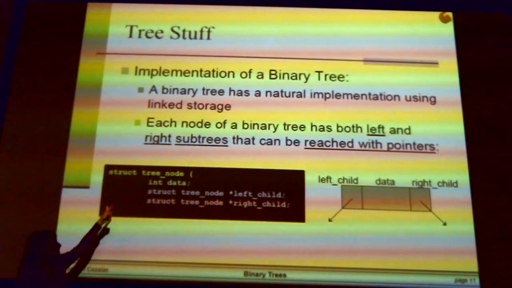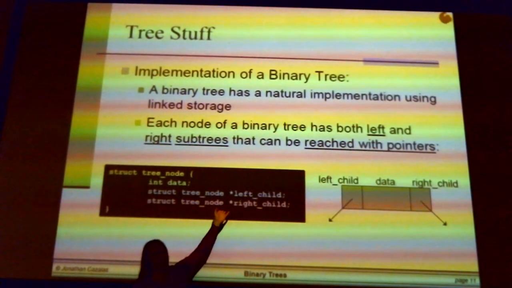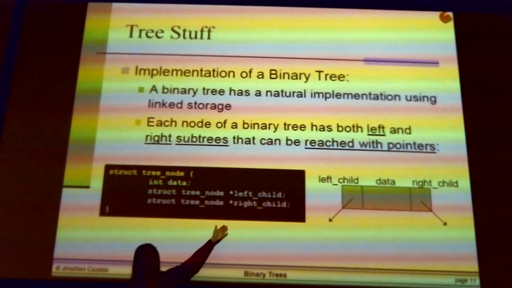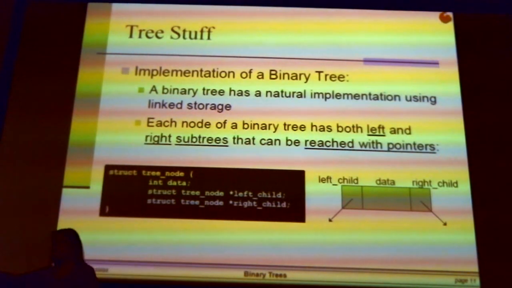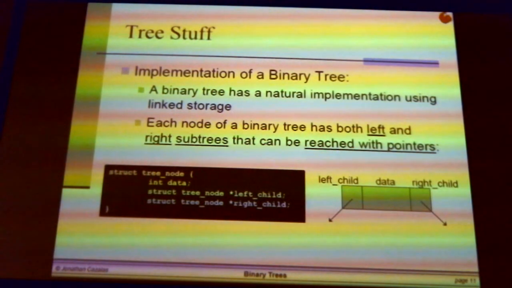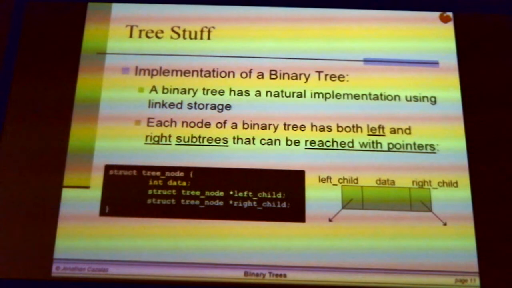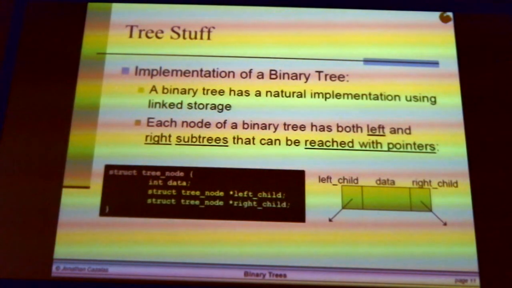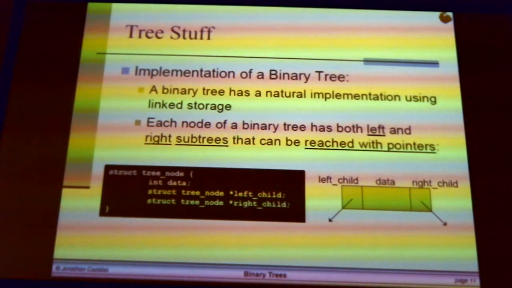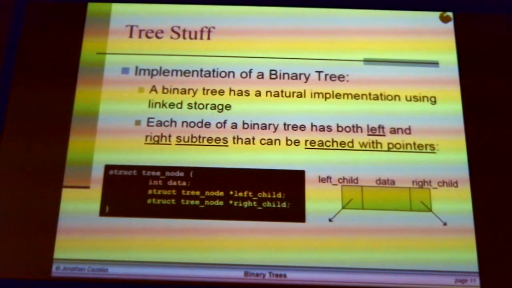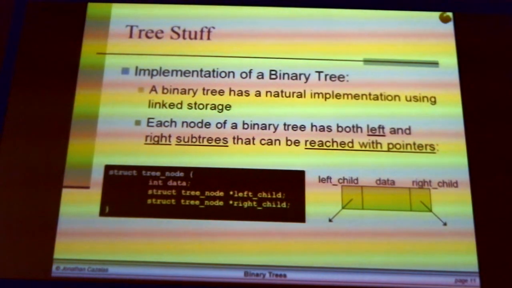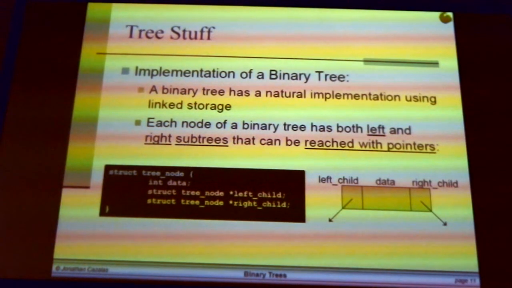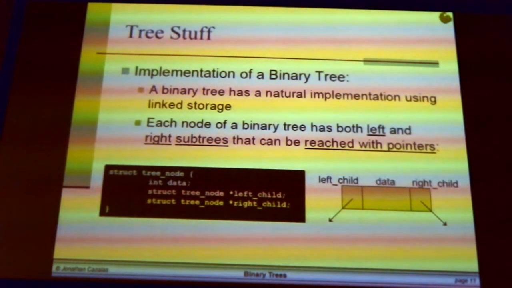So we have our data, and we used to have just one pointer for our struct. Now we're going to have two. All right, binaries. Everything binary is two. Just keep thinking about that. And it's a tree, so there's logs. All right. So your binary tree has this natural implementation, and our nodes will have a left and a right. And so you need to be able to reach both of those pointers.